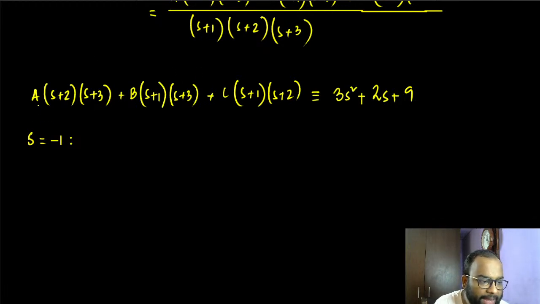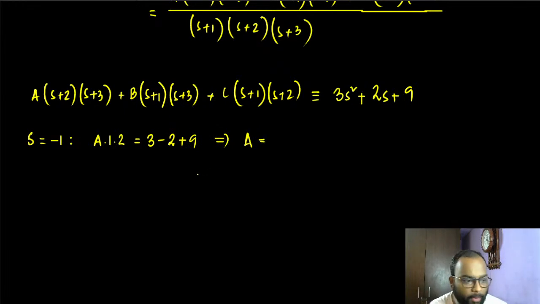And when I put s equal to -1, this factor becomes a times 1 times 2. And on the right hand side, I have 3 minus 2 plus 9. From this kind of formulation, we can figure out the value of a. And that way, we are going to figure out all the values of the corresponding constants here.